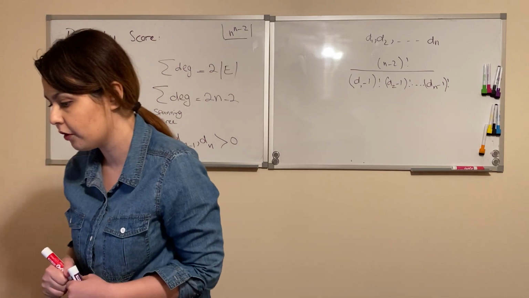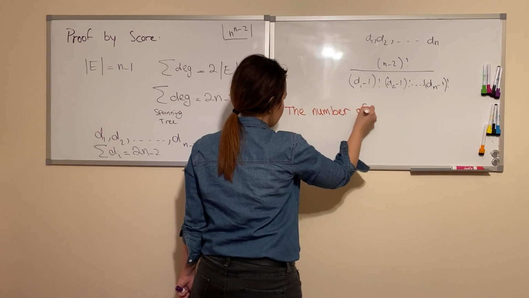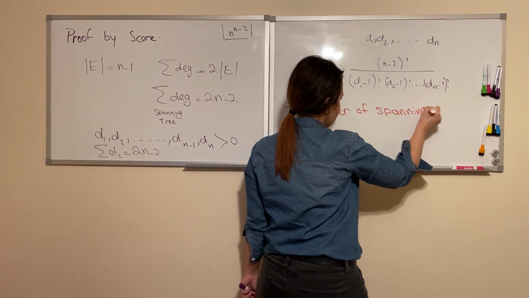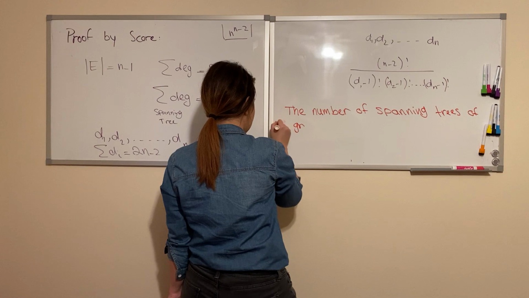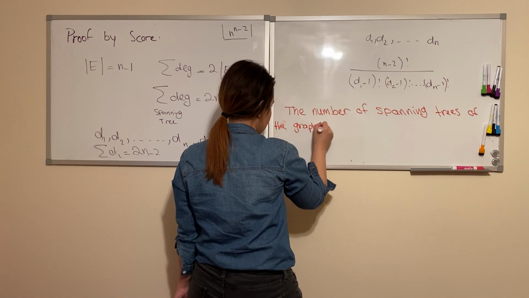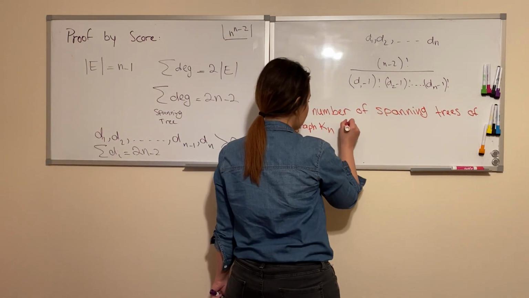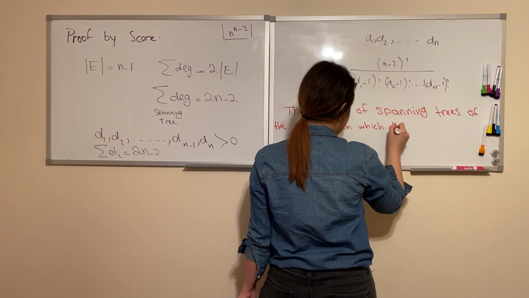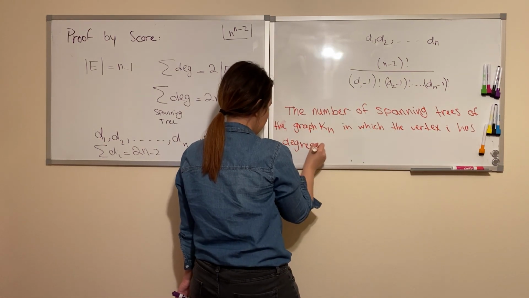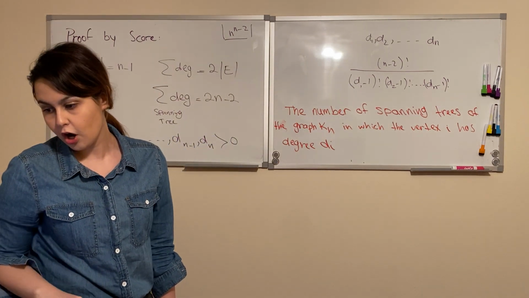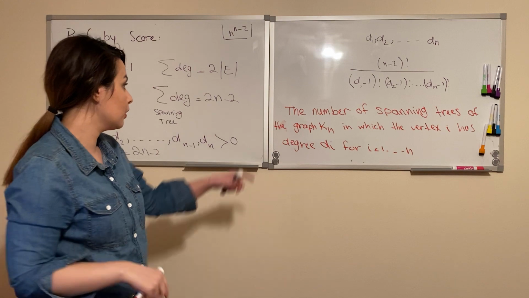The number of spanning trees of the graph Kn in which the vertex i has degree di, for i from 1 to n, is equal to the formula we have here.